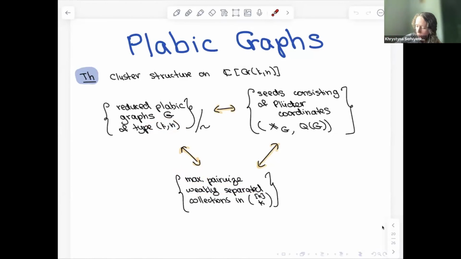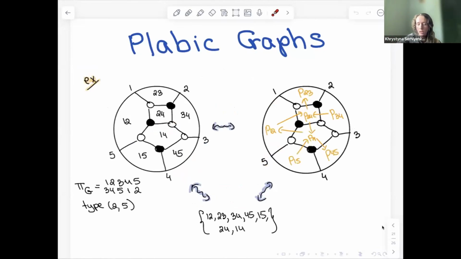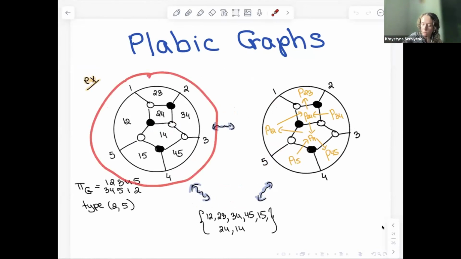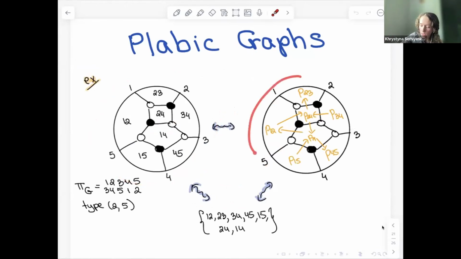Okay, so we have these very nice correspondences for understanding the seed, and this is our running example of the plabic graph. This gives us a seed in the cluster algebra. What I mean is we have these cluster variables that we associate to the phases.